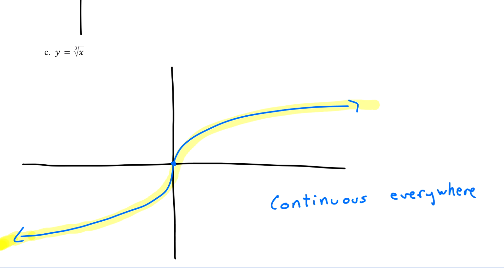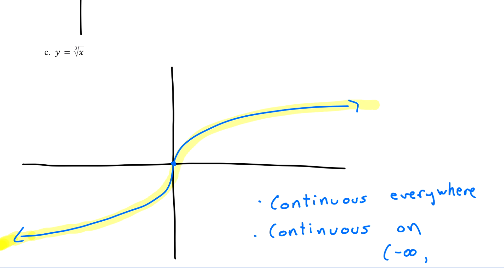But I want to be able to talk about this using interval notation as well. So I would say, okay, well, this is continuous on, and I want to write an interval for this highlighted portion of my graph right here. So the left endpoint just keeps going to the left forever. So my left endpoint would have to be negative infinity.